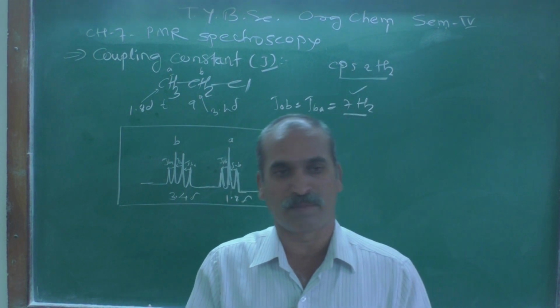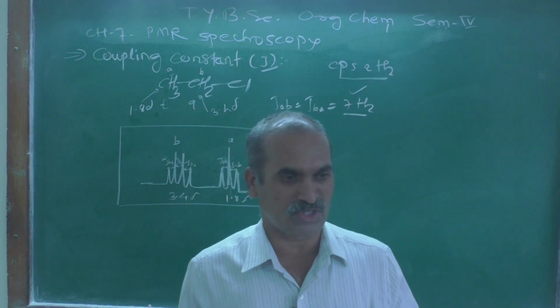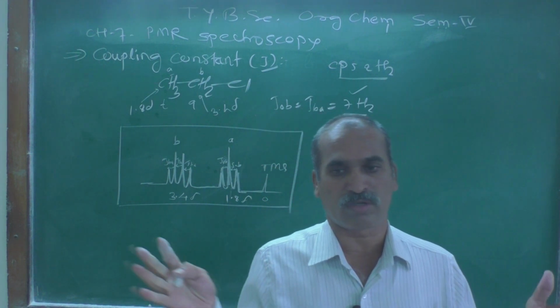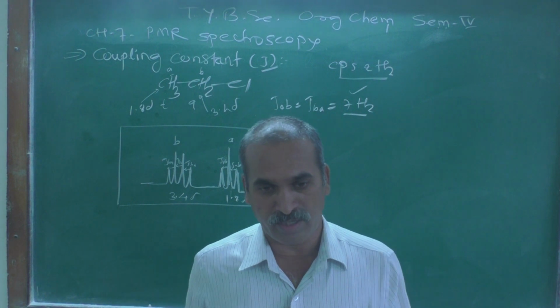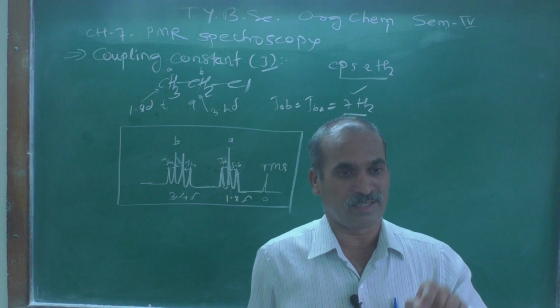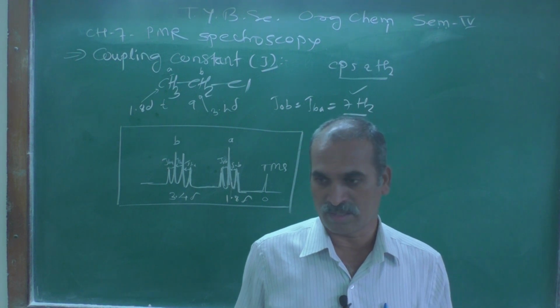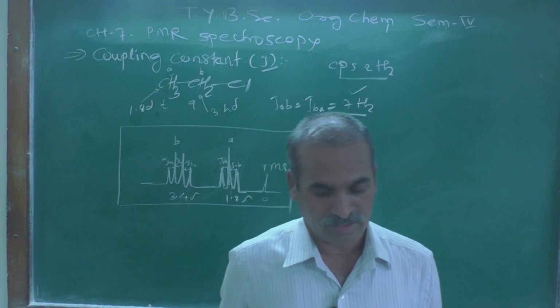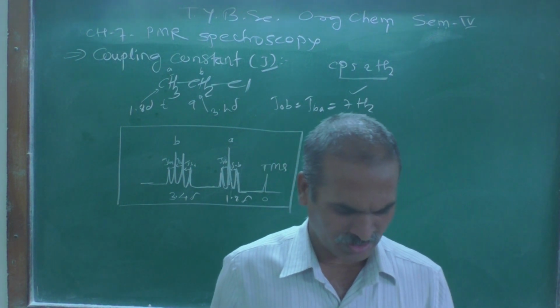Mutually coupled protons have the same J value. Similarly, equivalent protons do not couple with each other. Non-equivalent protons, in a chemically different environment, can couple with each other.